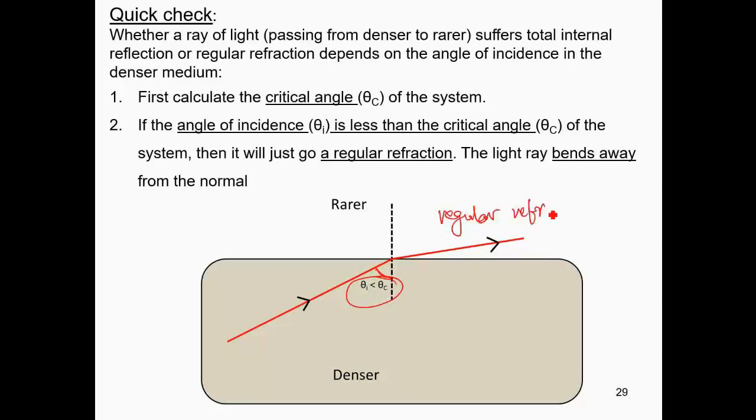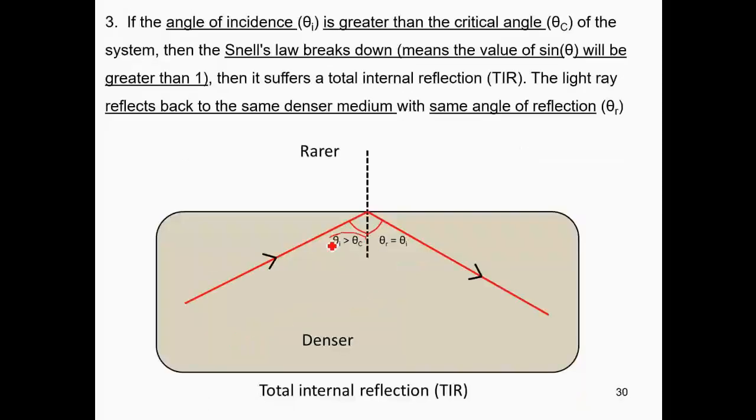But when the angle of incidence in the denser medium is greater than the critical angle, then it suffers total internal reflection. That's how you check. I will show you in an example calculation.